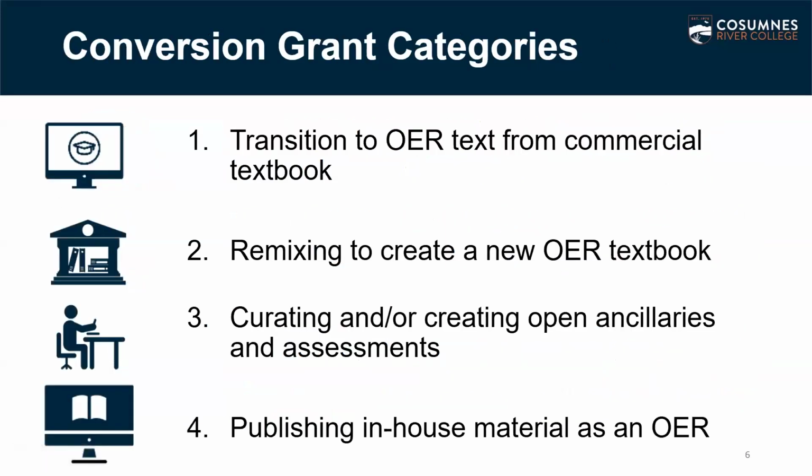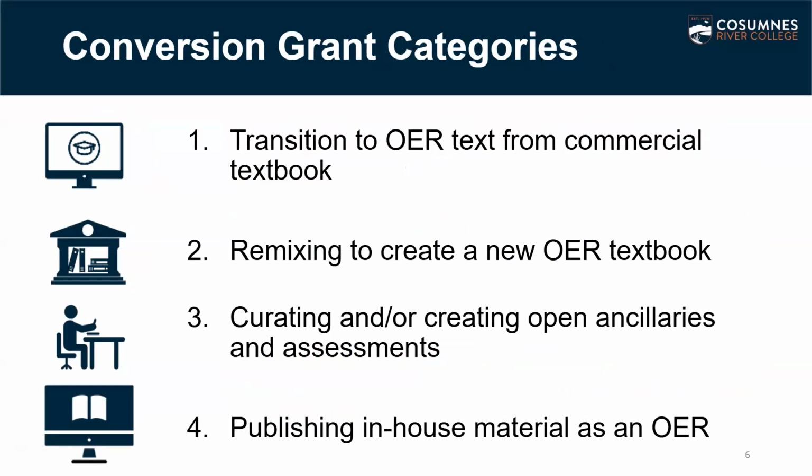Our OER Conversion Grant has 4 possible categories that faculty can apply in, and you can apply in multiple categories for the same course. Category 1 is for faculty who have been using a commercial textbook, but they're ready to switch to an open educational resource.